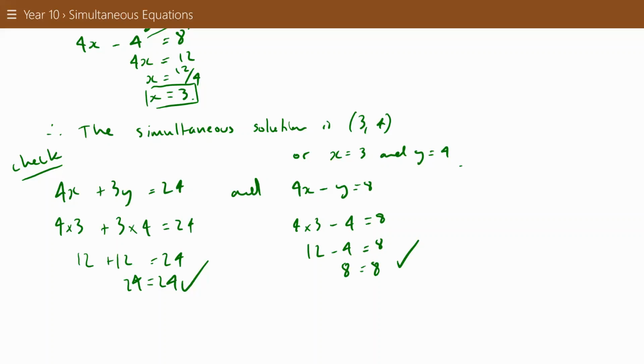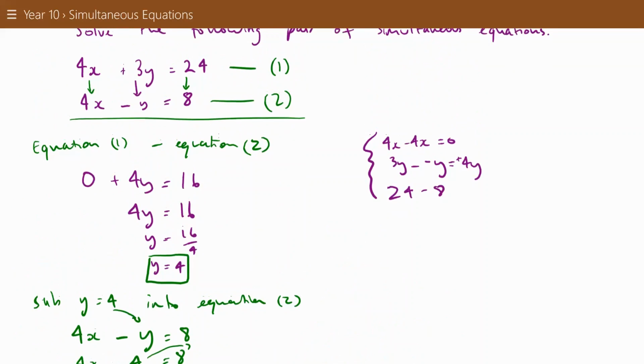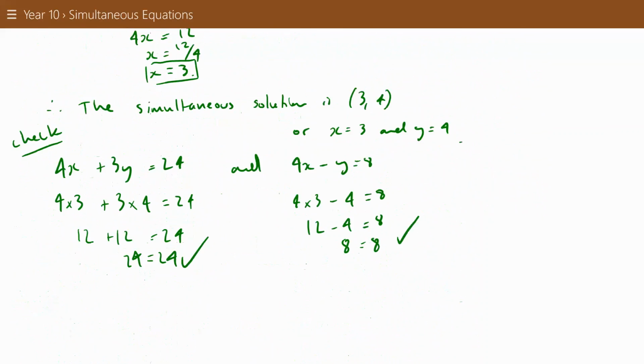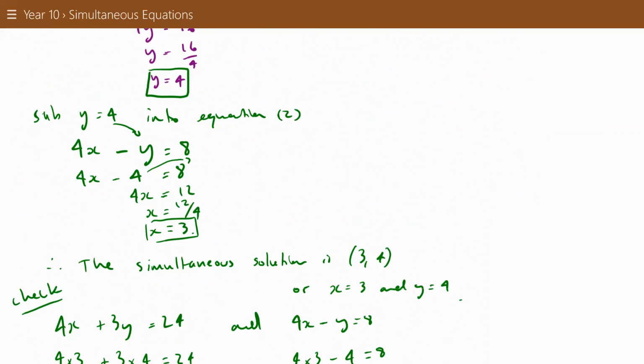We have done it correctly. That is just a quick check. Make sure you do write this little therefore summary, just to show you understand that x equals 3 and y equals 4 is the solution.